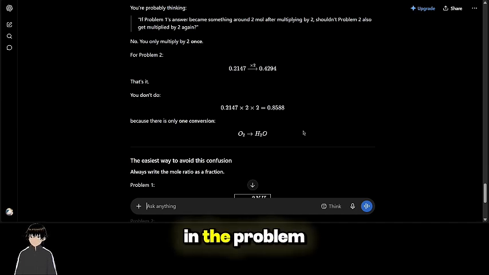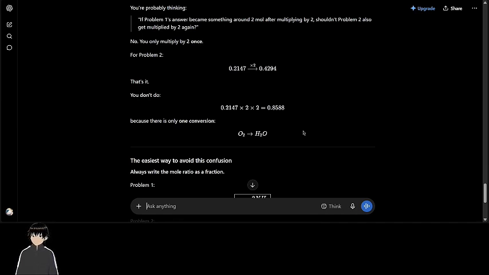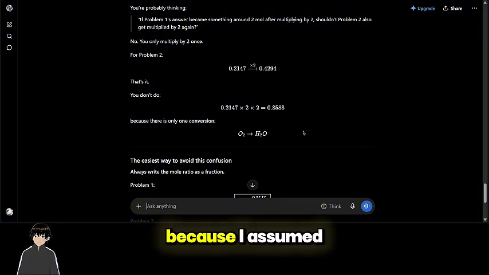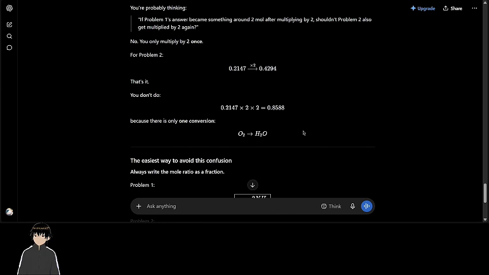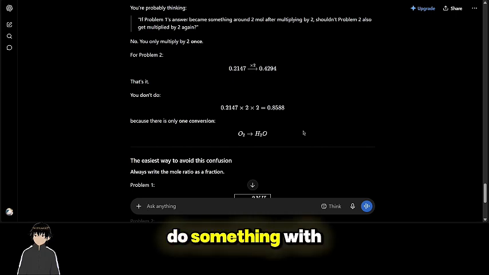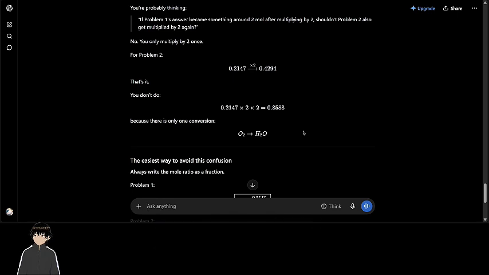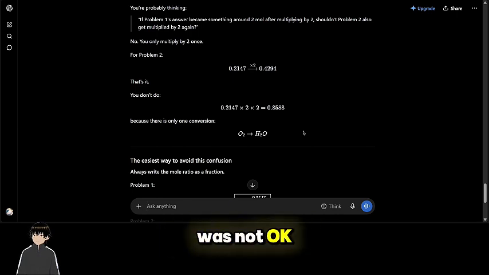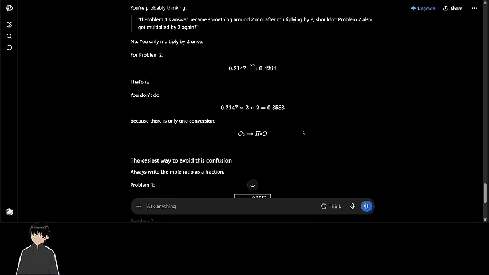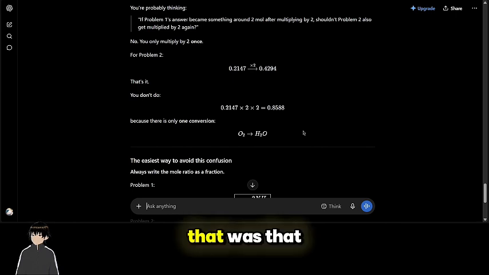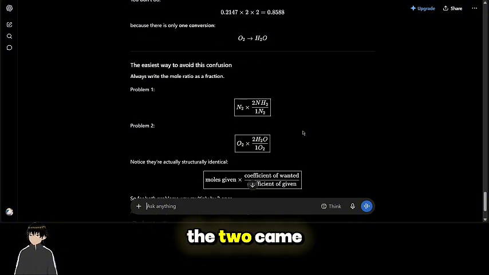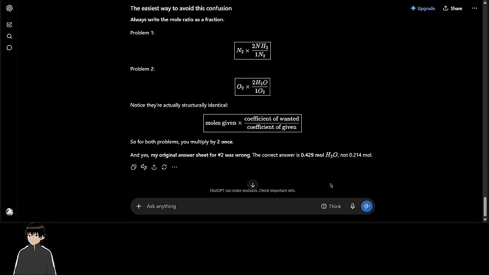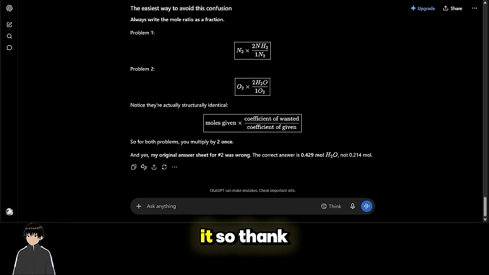Okay, so I was the one with the problem there. I actually times it by 2 because I assumed that you had to do something with the coefficients of the elements, but apparently it was not. Okay, the chemical compounds. That was where the confusion came from. So the mole ratio is where the times 2 came from, and that's about it.